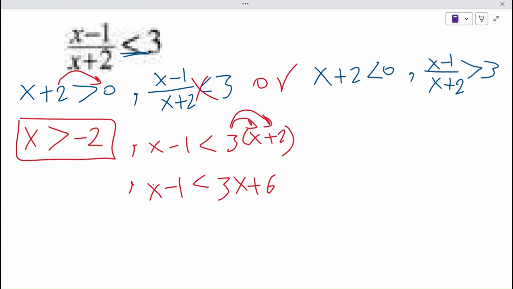Okay, put this 3x into the other side. This becomes x minus 3x less than 6 plus 1, which is equal to 7.